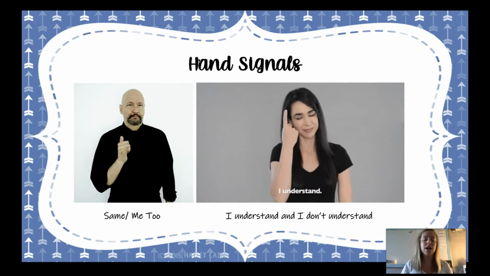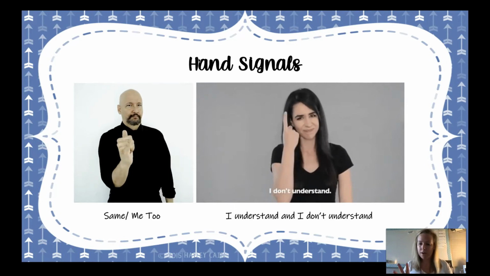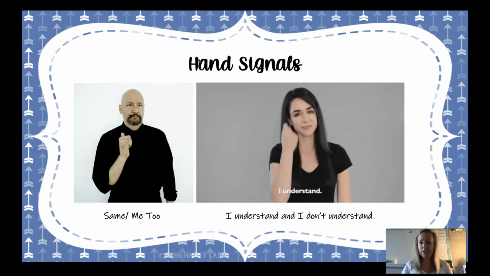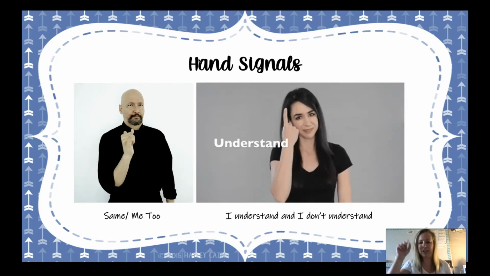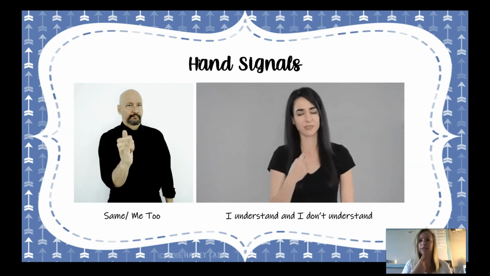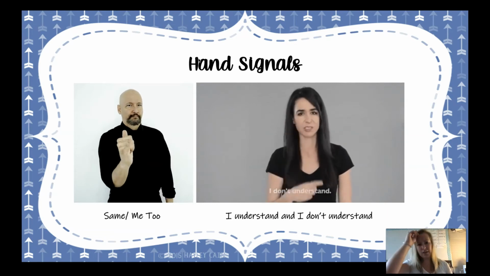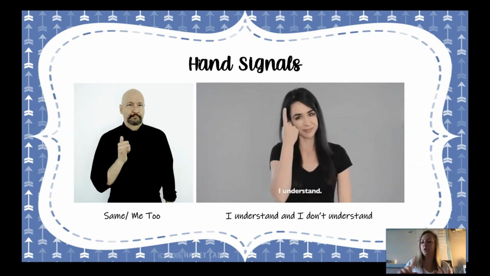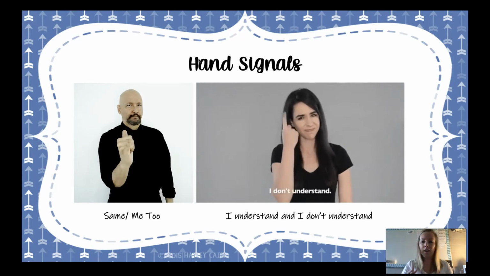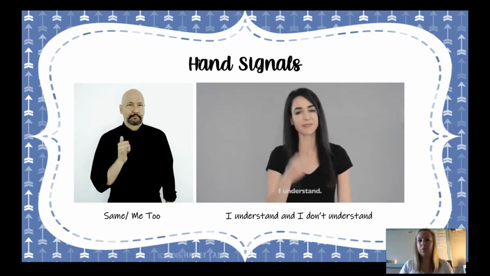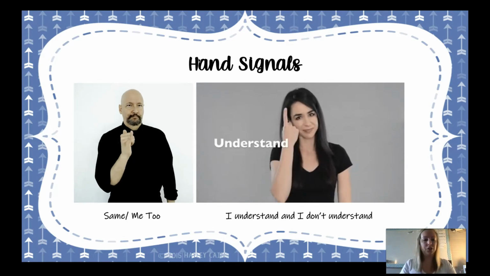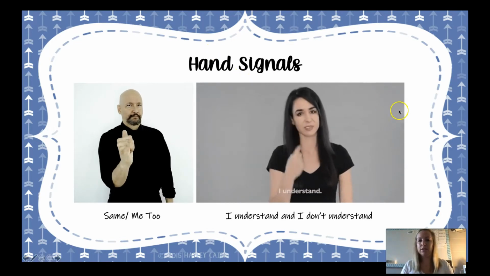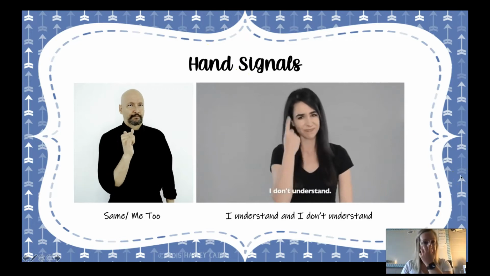And then the third one is I don't understand. What's really important is adding the head shake. So I don't understand. Okay? And again, that'll let me know, your peers know, and anybody else in the room know what you're thinking without having to find the unmute button, say what you need to, and then hit mute again. It just makes nonverbal communication a little bit easier.